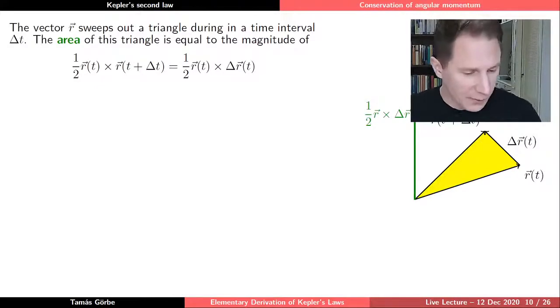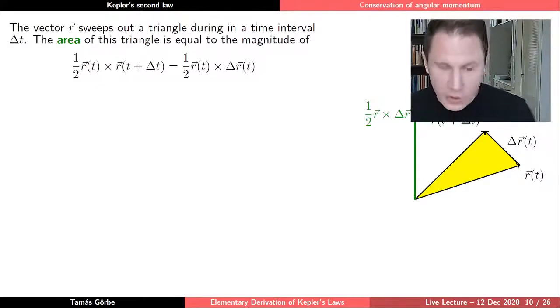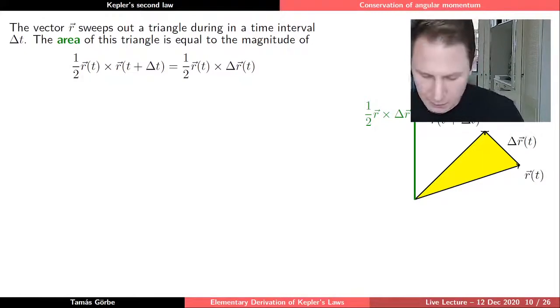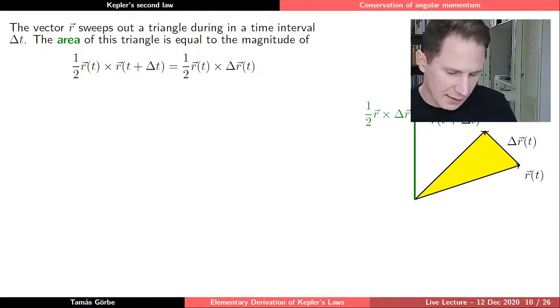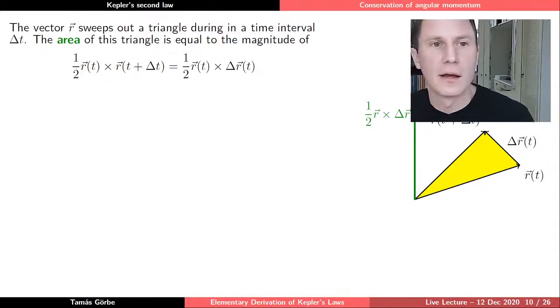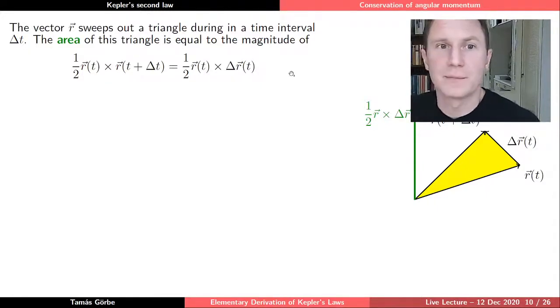Okay, so next I want to show you the same thing, but a bit more rigorous maybe. So now we have the vector r, which connects our planet to the sun, sweeping out a triangle, right?